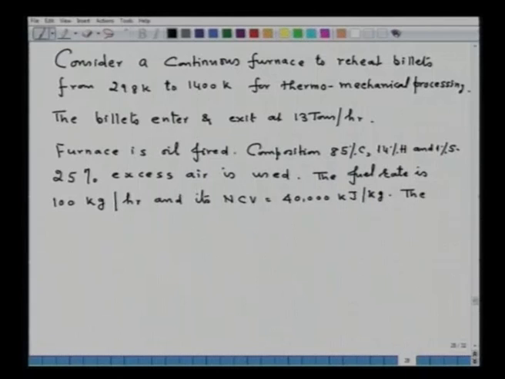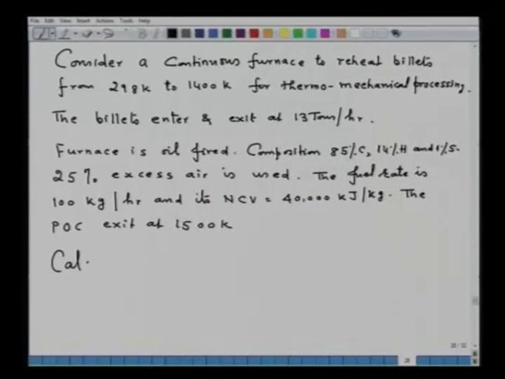The POC exit at 1500 Kelvin. Now, this is the problem that I have selected to illustrate thermal efficiency, furnace efficiency and so on. Calculate heat loss and thermal efficiency.